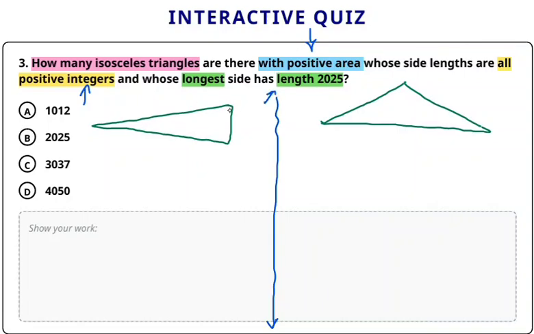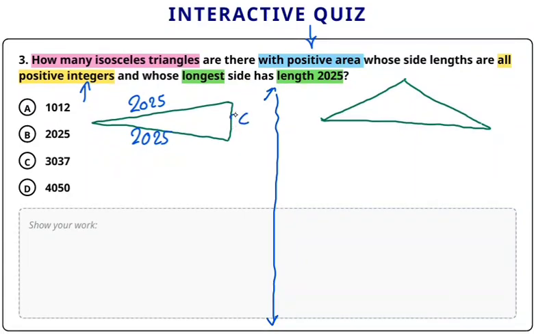So here, the longest side is 2025. You can consider the second side 2025 and also here 2025. In this case it's called isosceles, but I will not write the last one as 2025. I'm going to write x. Here x has limits, between two limit numbers.